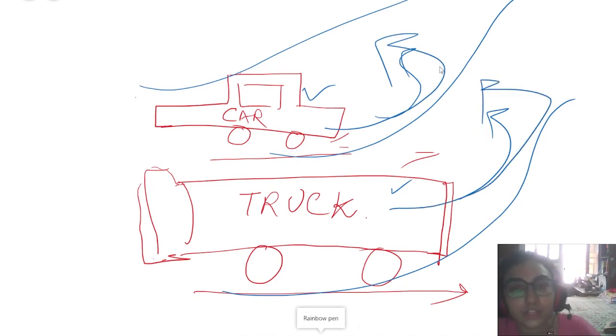So now, what does it tell us? Why do you think that is? Could it be related to the size of the car and the size of the truck? You can very well understand that a car's mass is way smaller than the truck's.